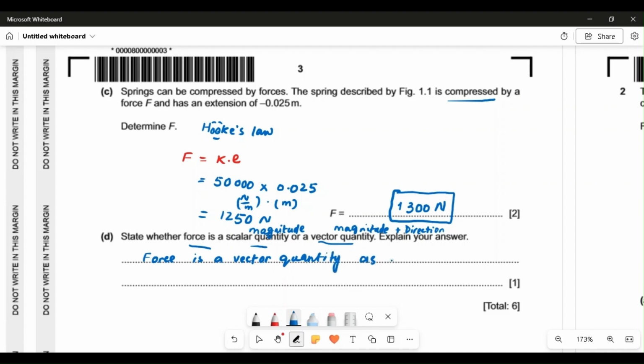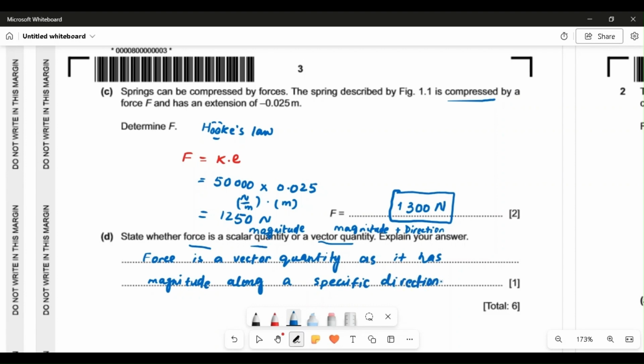as it has magnitude along a specific direction.